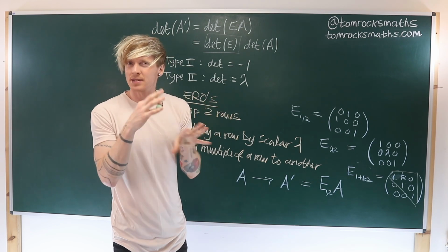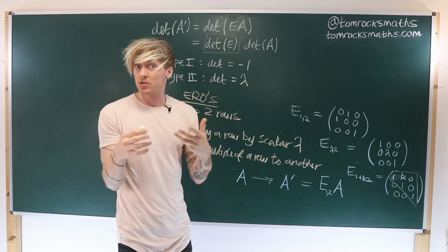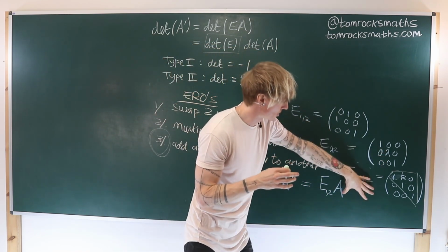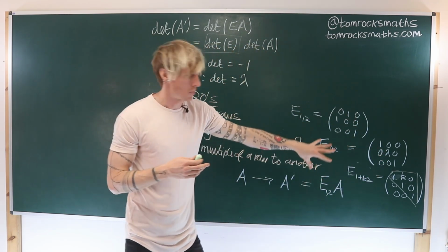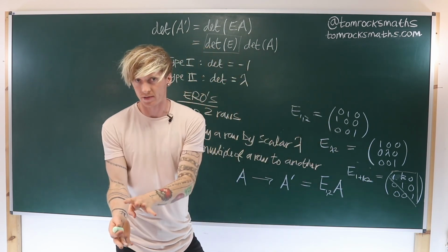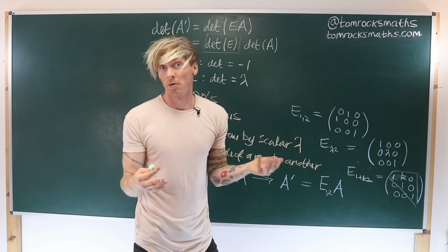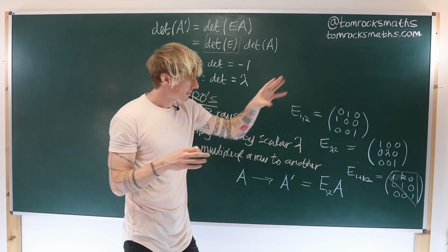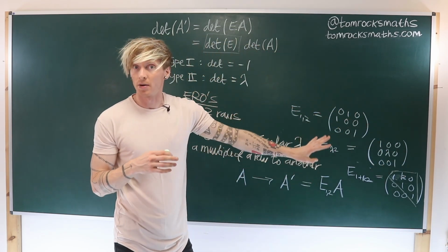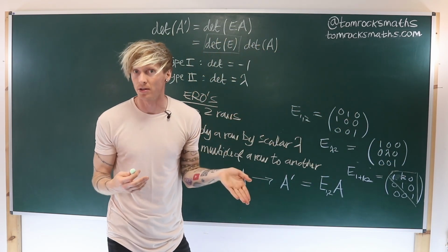And you can think about this a little bit for yourselves, and I encourage you to do so. But no matter what multiple of whatever row we add in the identity, we're adding a multiple of one row of the identity to some other row in the identity, we can only end up with one other non-zero entry away from the diagonal.